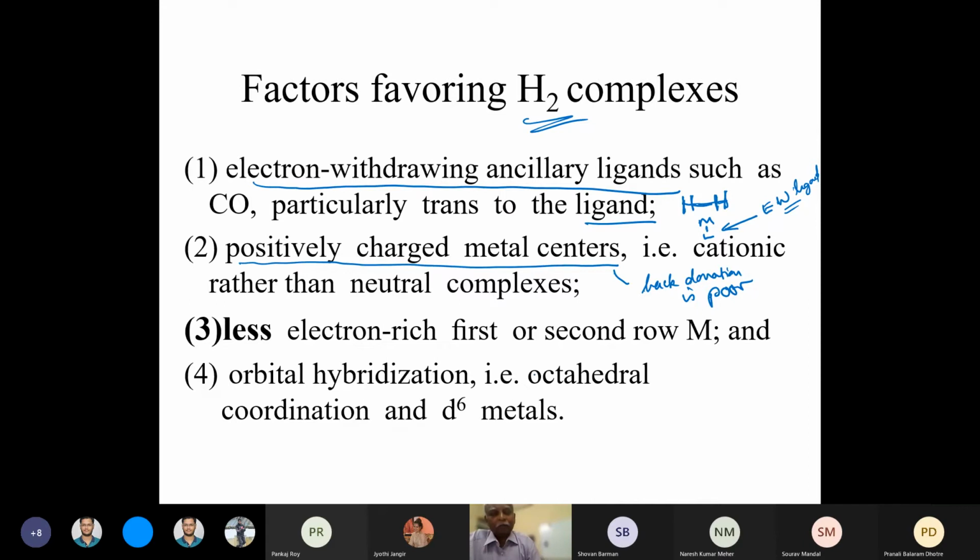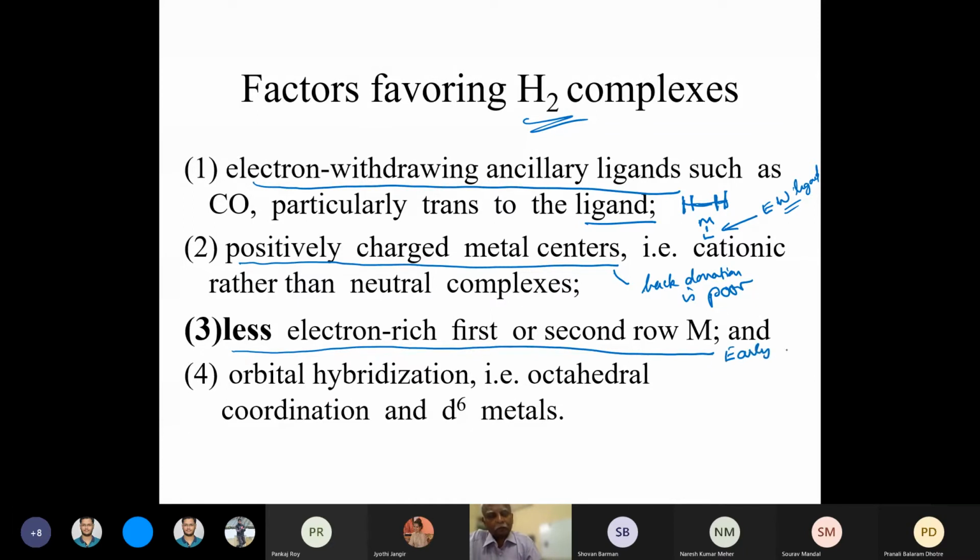Furthermore, first and second row metals are usually less electron rich, and so are early transition metals. Early transition metals, and that's not written here.